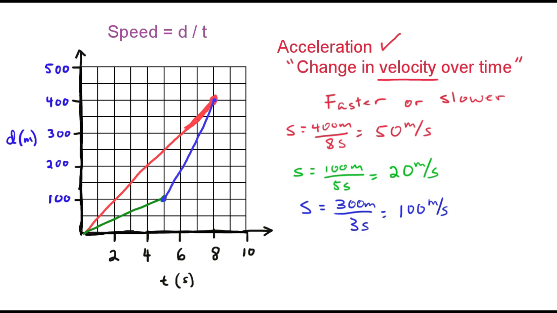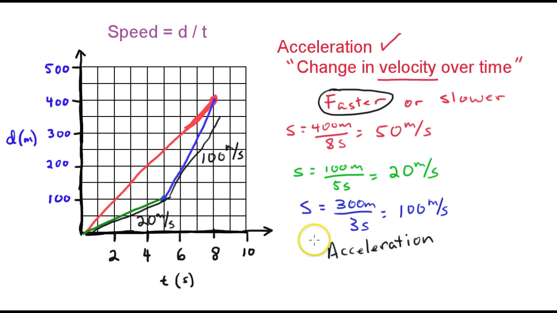Now, looking at it, we can analyze and say it went 20 meters per second here, and 100 meters per second here. So from this line to this line, of course, it went faster, and we call that a positive acceleration because it was getting faster.